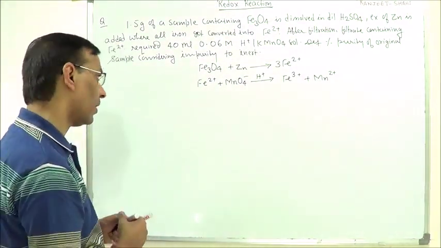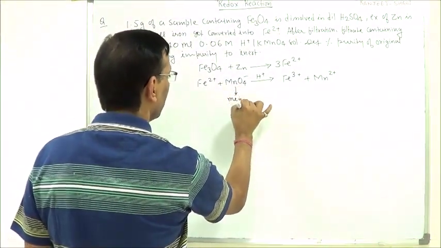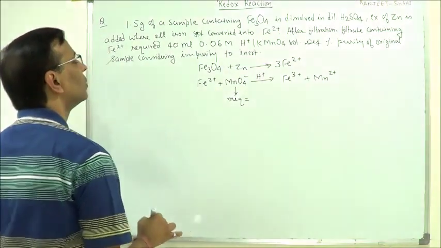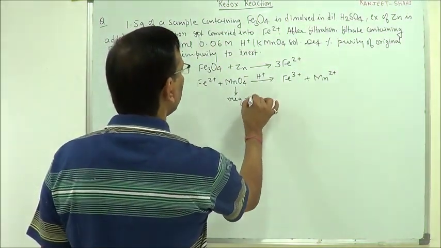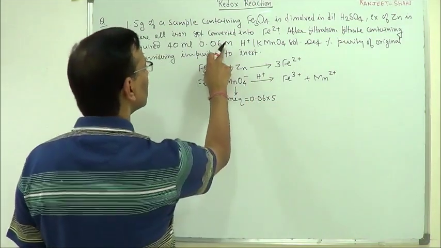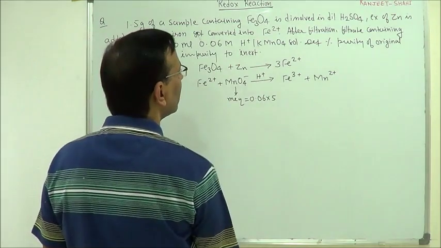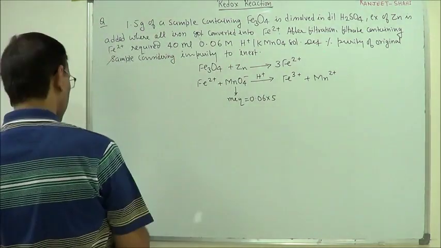And milliequivalent of potassium permanganate will be equal to its normality, which is 0.06 into 5, 0.06 molar, so into 5 normal, and 40 ml.